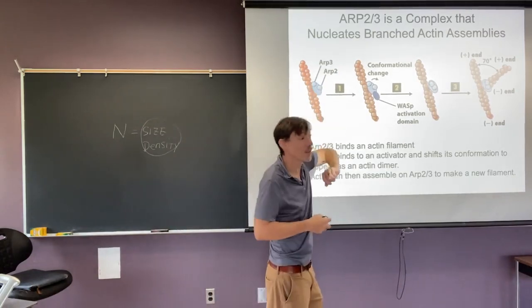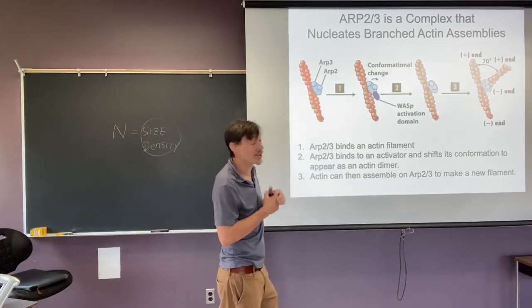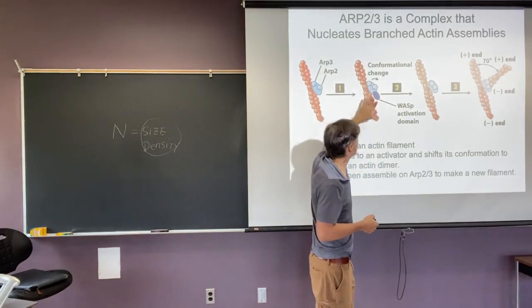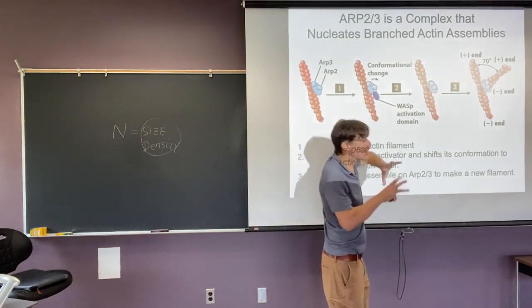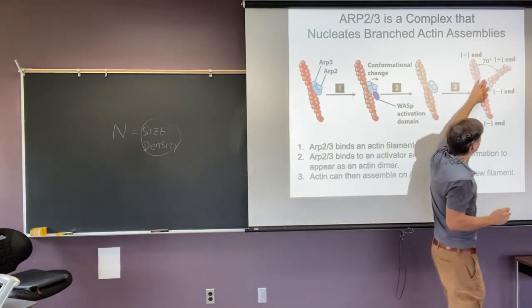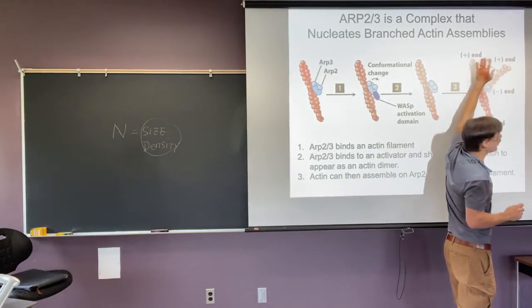So actin can assemble off of Arp2/3. When Arp2/3 binds to the side of an actin filament, another protein comes in and turns it on. That changes the conformation of the Arp2/3, and then it can nucleate actin assembly, and you get a new actin filament.